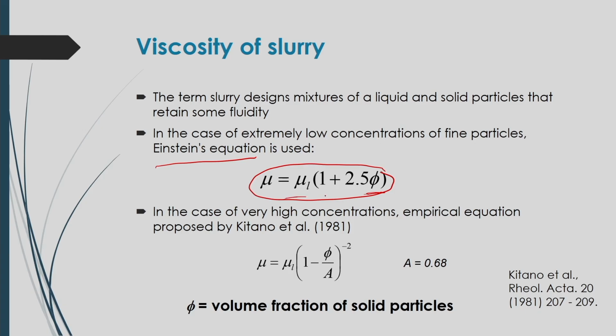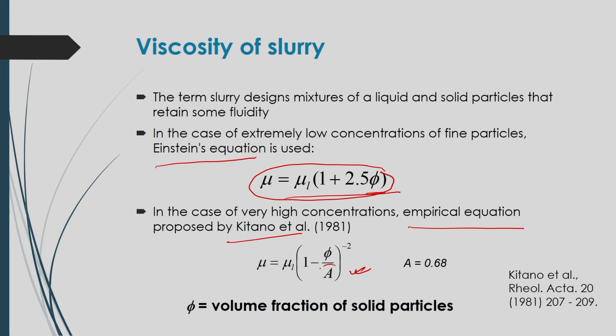If your particle concentration is very high, then you can use another empirical equation given by Kitano et al. in 1981. According to his correlation, you can calculate the viscosity of the slurry at high concentrations of particles.